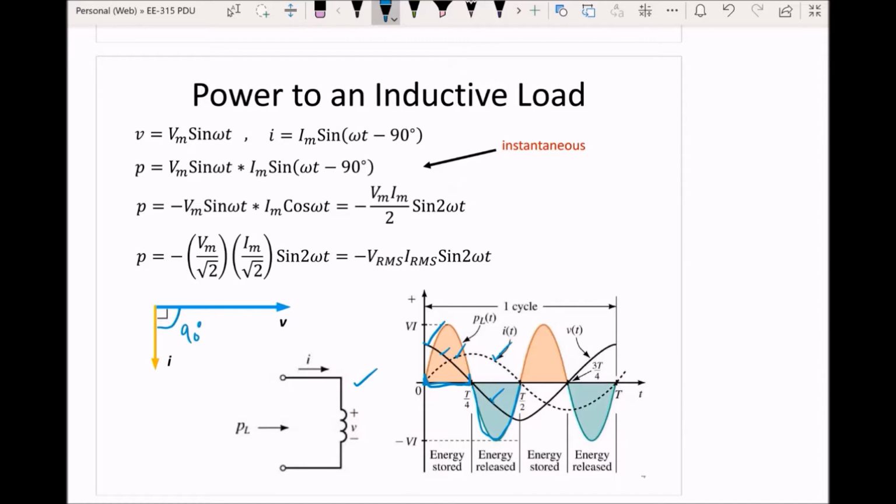Which also means that the inductor is storing power at this time. When the power is positive, energy is being stored, and when the power is negative, that means the energy is being released during this time.